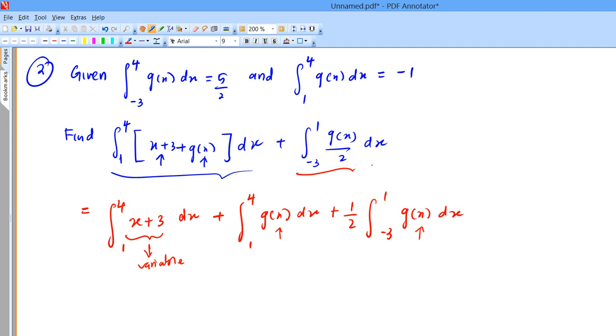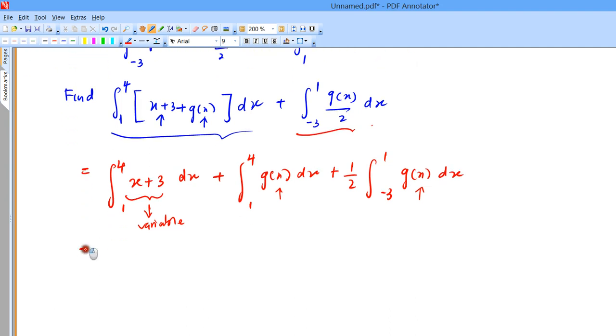For the first term, just integrate: x squared over 2 plus 3x, and then substitute for 1. For the second term, we need to check the given information for the integral of g(x) from 1 to 4.